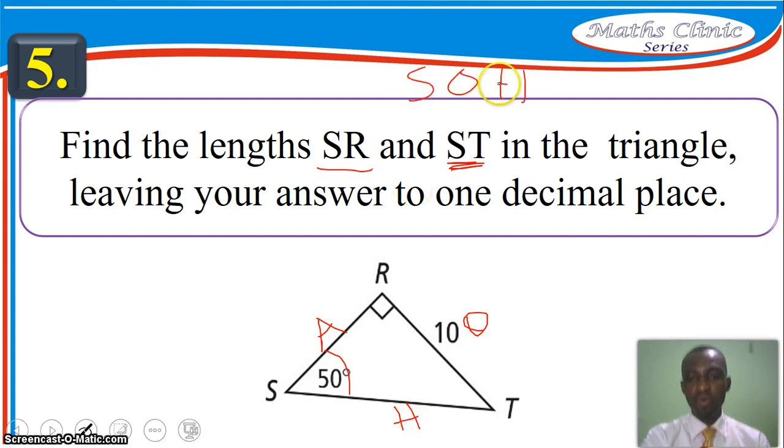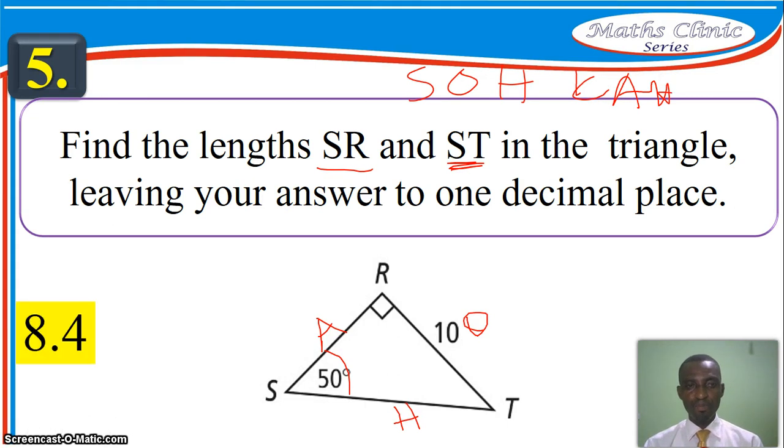So go through this and then get your answer. You get 8.4 to be the first answer for finding SR, and you get 13.1 for the second one.